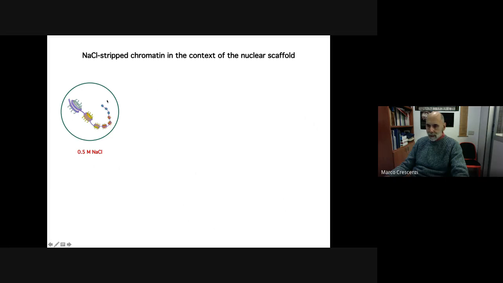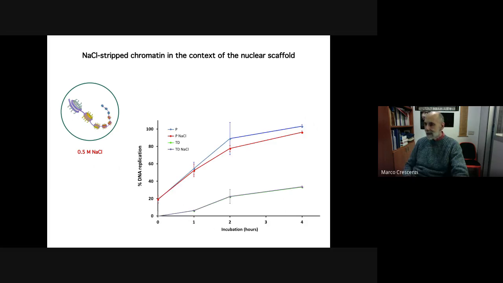And when we put this material from both myotubes and myoblasts into the extract, again, here are the myotubes with or without treatment with sodium chloride, showing that sodium chloride basically does not harm the nuclei. It strips the proteins away, but it doesn't affect replication.